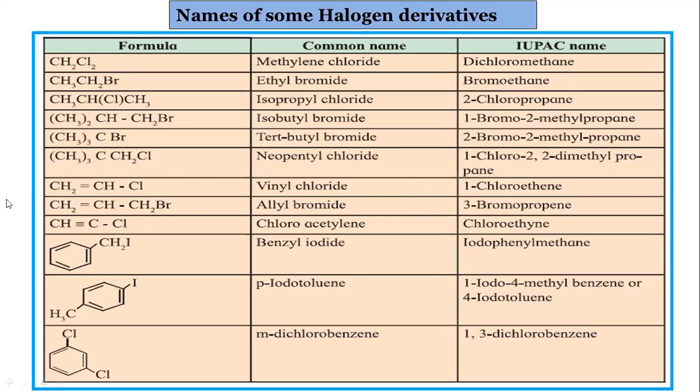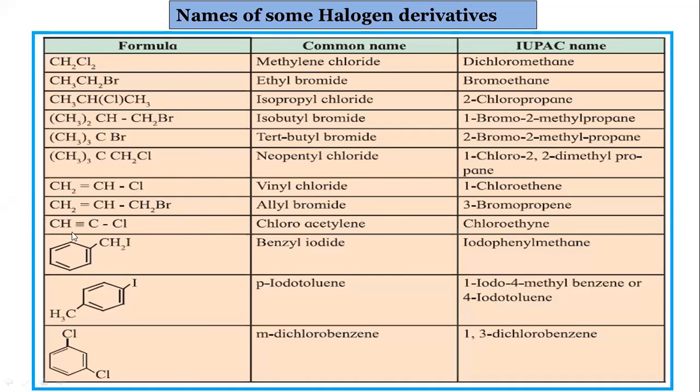To carbon number 1, chlorine is attached. Like this is 3-bromopropene. Why? Because this will be carbon number 1, this carbon number 2, and this carbon number 3. So the name is 3-bromopropene.